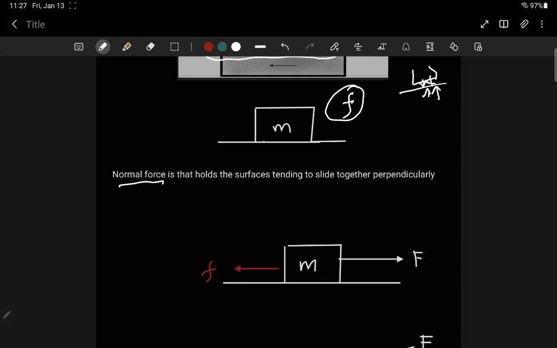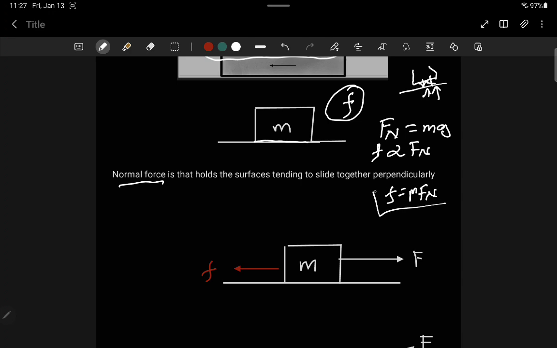If the surfaces are exchanging a force like this, the normal force is equal to the weight. The frictional force is directly proportional to the normal force, meaning the frictional force is a constant called the coefficient of friction times the normal force.